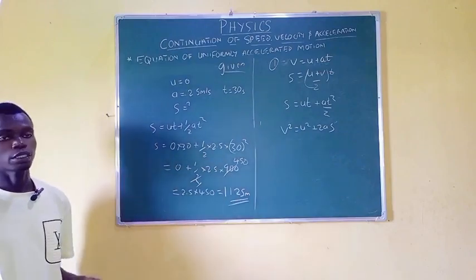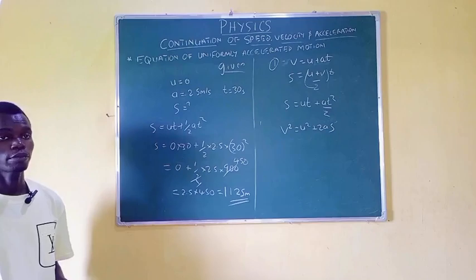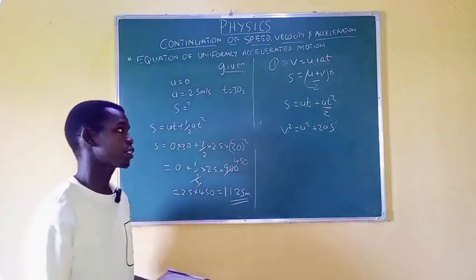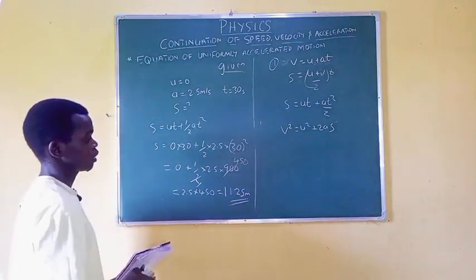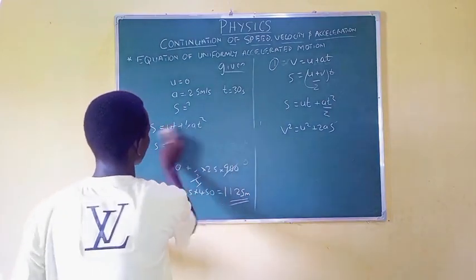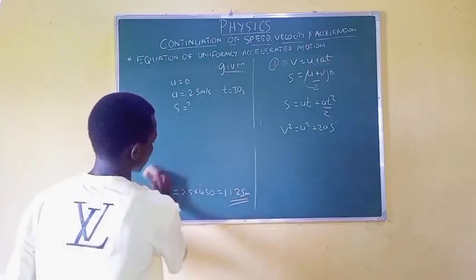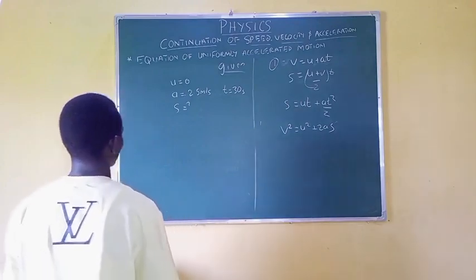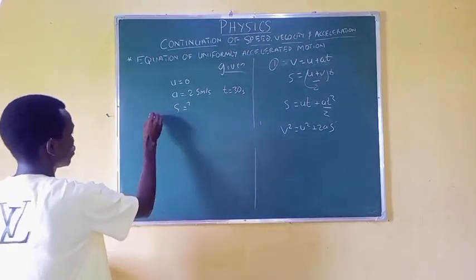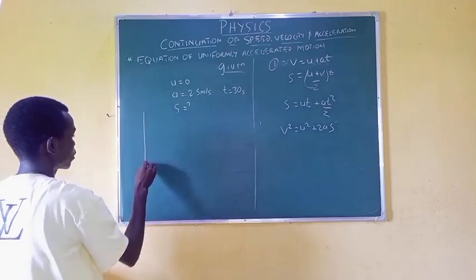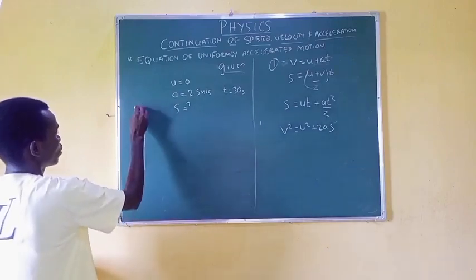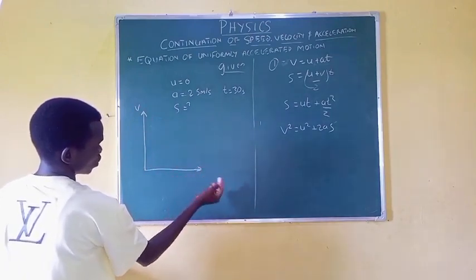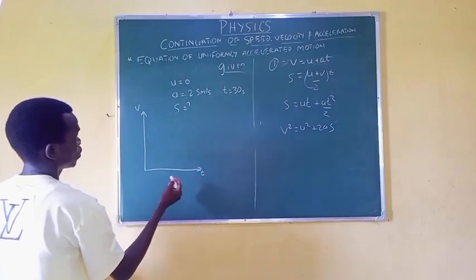This is by using the equation of motion. Then if we are to use the velocity time graph, we know that the vertical axis is velocity, the horizontal axis is time.